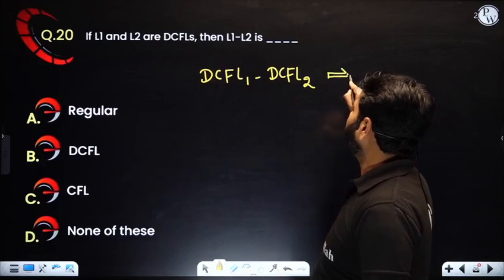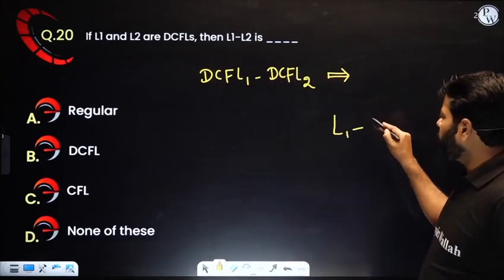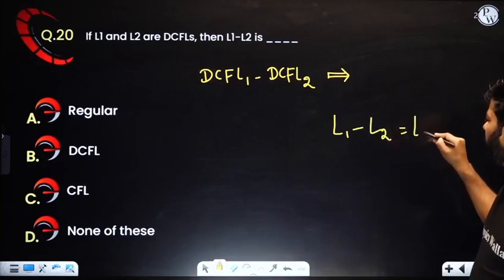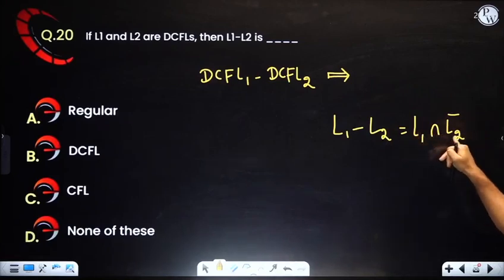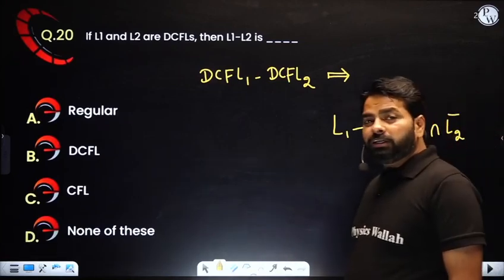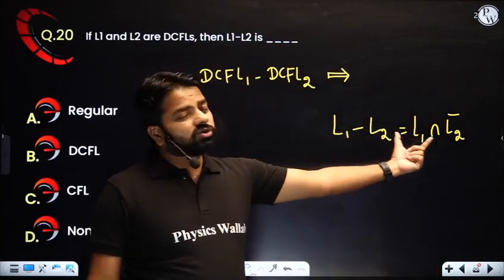What happens? If you want to think about L1 minus L2, there is another way to think about it: L1 intersection L2 complement. We know DCFL complement is DCFL, but DCFL intersection DCFL need not be DCFL. With the help of that concept, you can write it the other way.